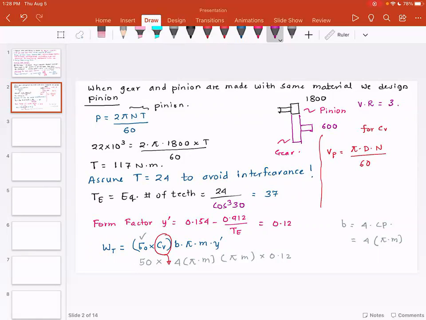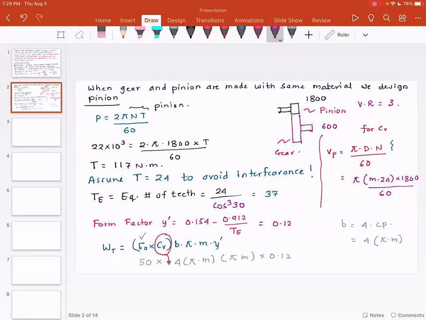And d, we are trying to find out for the pinion. So I would say pi times module multiplied by the number of teeth for the pinion, multiplied by 1800 divided by 60, that gives me Vp. I'm going to explain this equation once again. Please understand, we are doing calculations for the pinion.